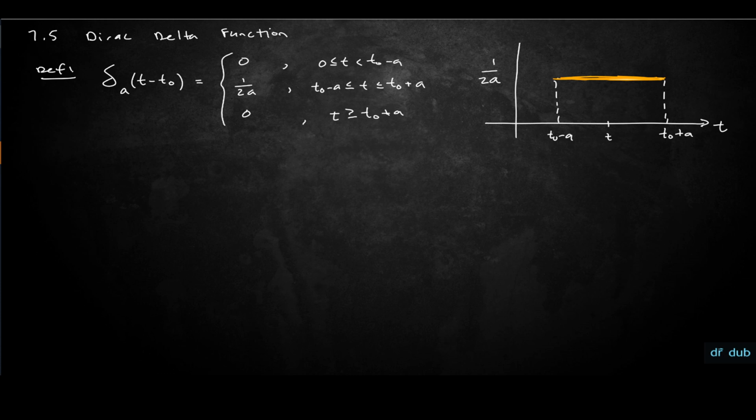That is called the unit impulse function because the area under this curve is 1.